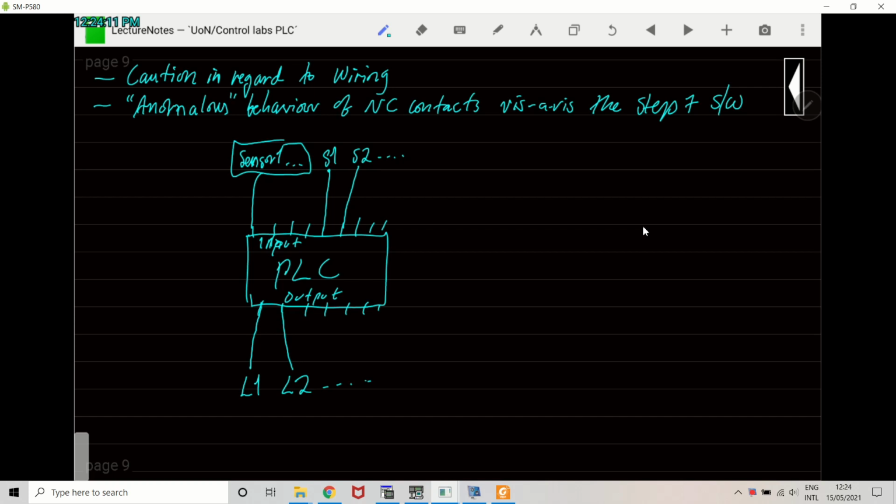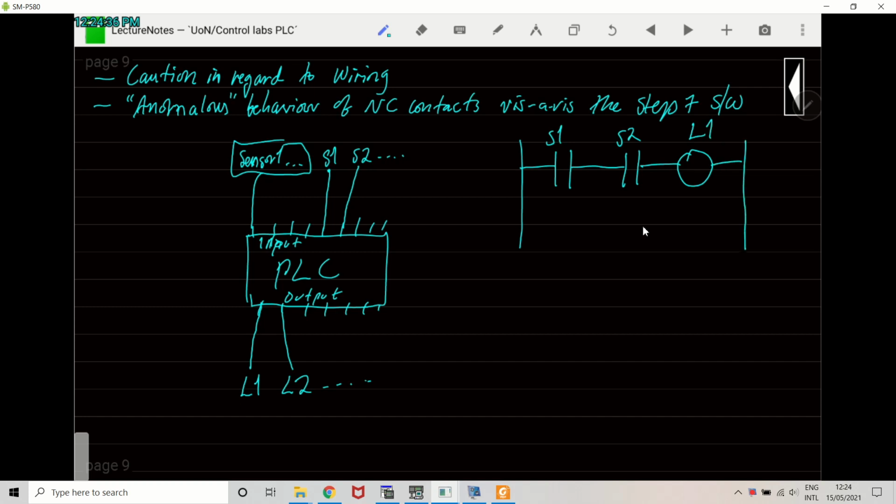The only thing I wanted to caution is that you should differentiate between a ladder diagram and the actual wiring of the PLC. For example, supposing my ladder diagram is something of this nature: this is S1, then I have S2, and maybe it goes to a coil which I'm labeling lamp 1.